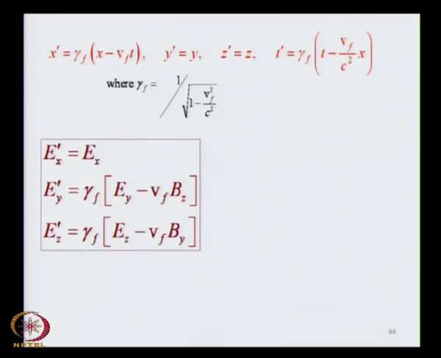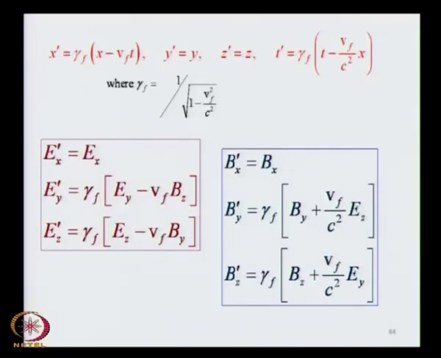So, E prime is not the same as E, rather it involves superposition of components of E with components of B. Let us look at how the magnetic field transforms.